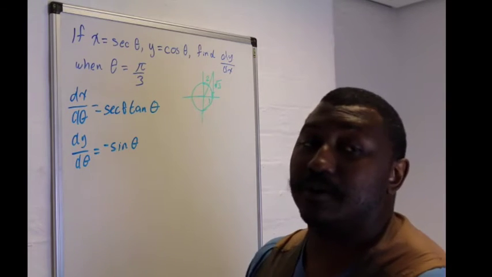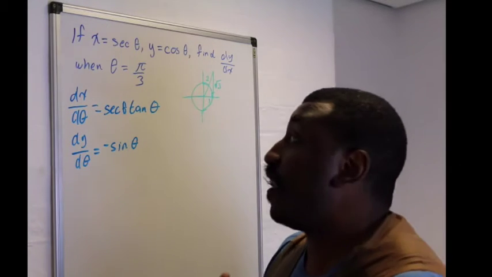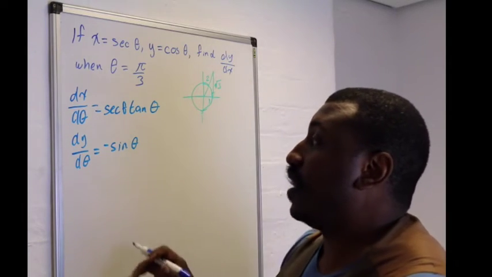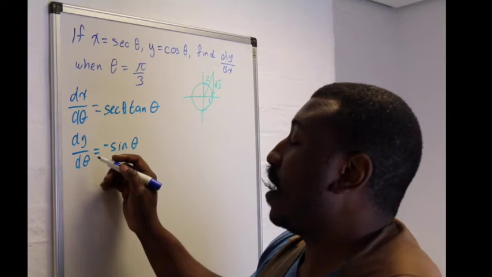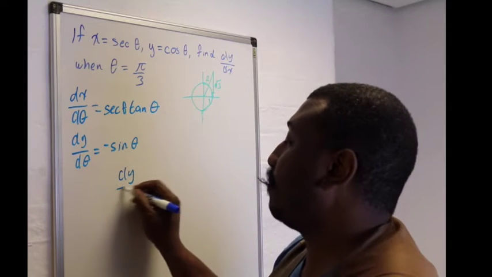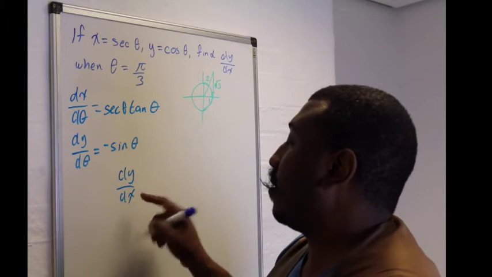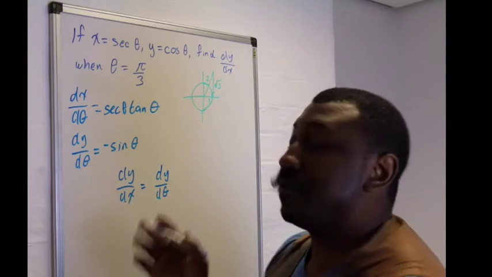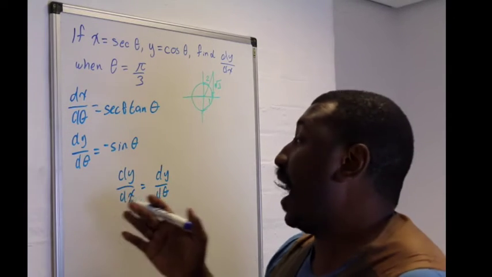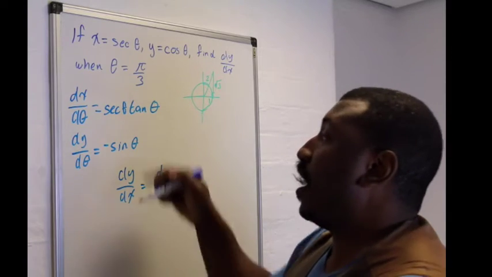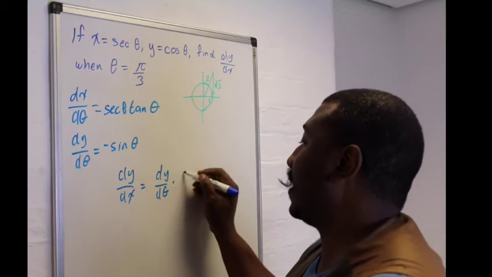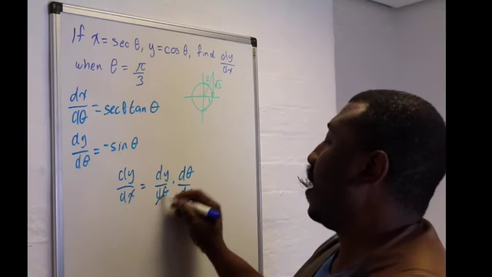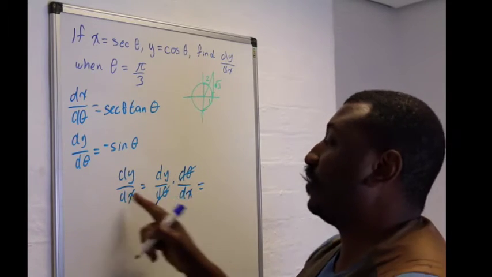The next thing we need to do is use our algebra to find our derivative. In this case, we're looking for dy by dx. If I look at this, I can see I have dy by dx is equal to dy by d theta. If there was some way to cancel the d theta, I would have my dy by dx. If I flip this over, that's what can happen. So dy by d theta by d theta by dx, let's cross this out, will leave me with this.